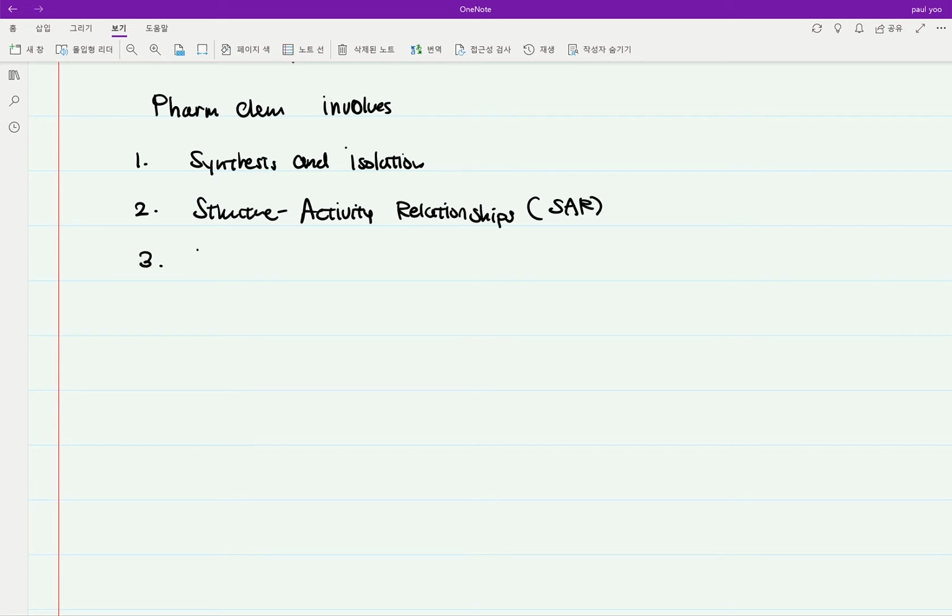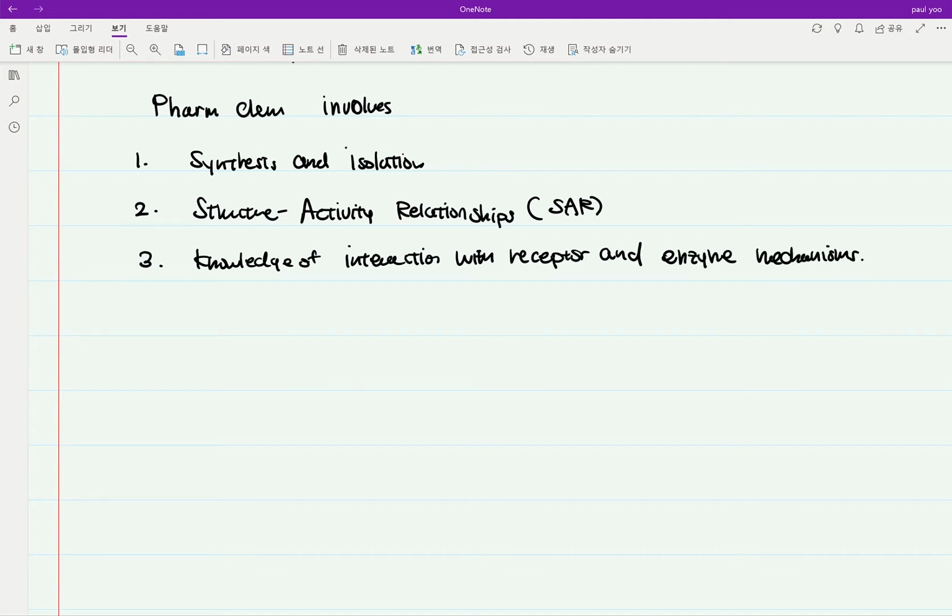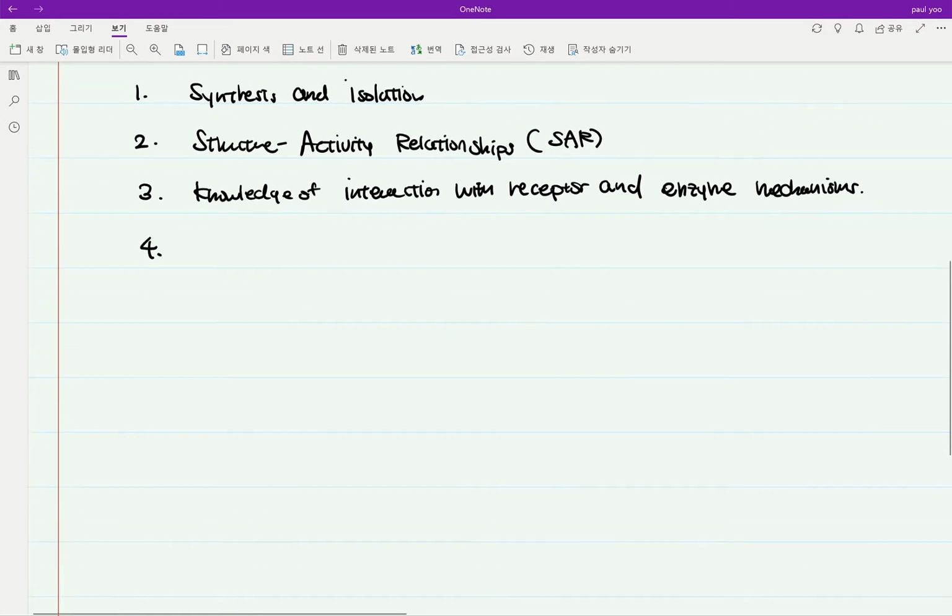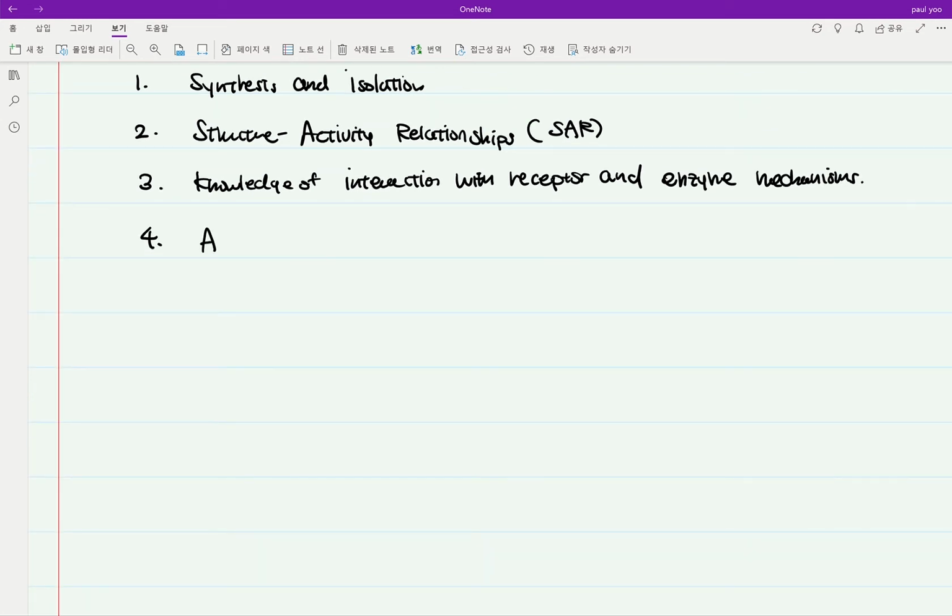Knowledge of interaction with receptor and enzyme mechanism. And lastly, we abbreviate it as ADME.